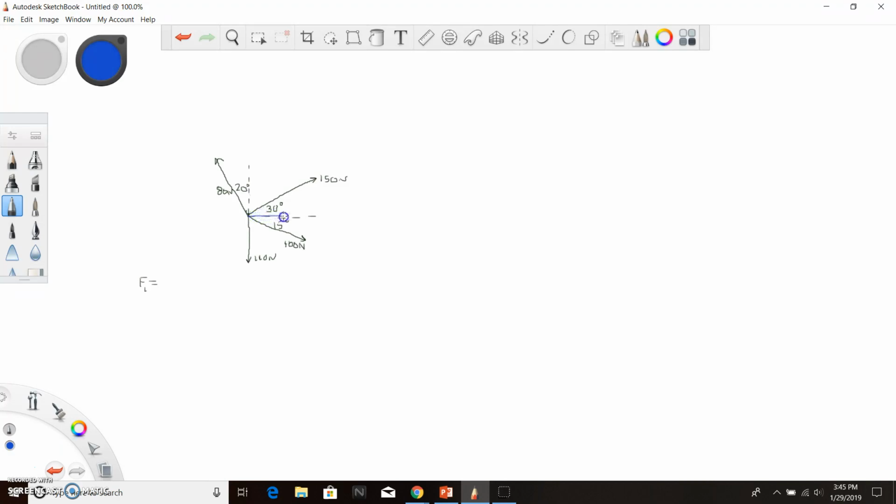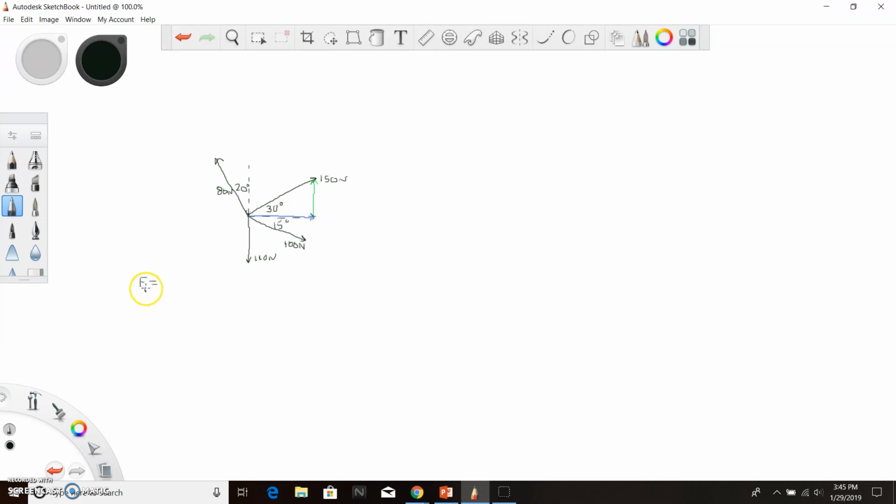There's my X piece, going in the positive X direction, and my Y piece is going in the positive Y direction. So both components are going to be positive.